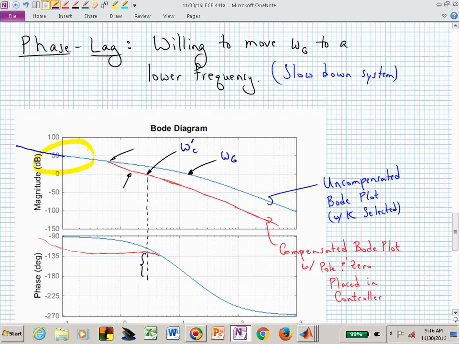Up or down? That gives it away. So it's going down. What's down? Poles. So that's a pole that happened right here in our controller. We introduced that so that we now drive the magnitude lower more quickly in terms of frequency as far as moving from left to right. And now what's left? What's the kink that takes off that slope after the pole? That's our zero.